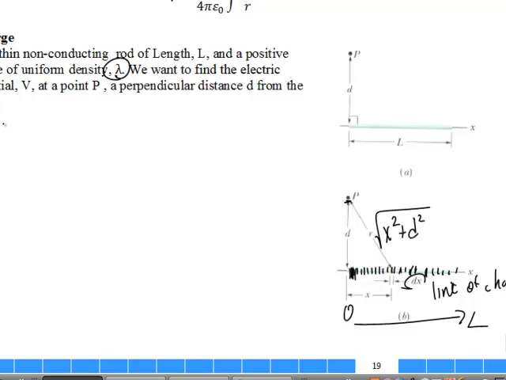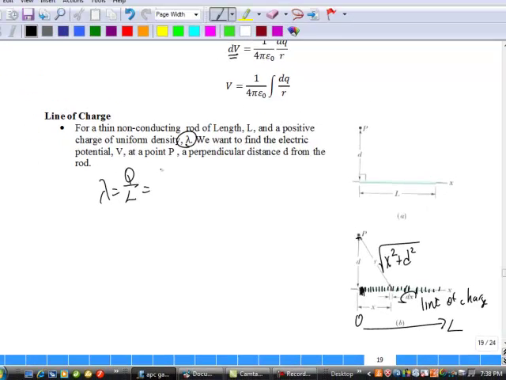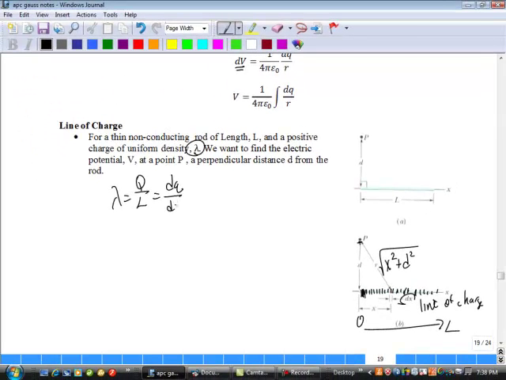If it has a uniform charge density, remember that's charge per unit length, so that's going to equal dq over dx. dx is the length of that little bitty slice. And if I'm looking for my potential, I end up with the integral of k dq over r, which we know how to do. To get rid of my dq, it's going to be lambda dx.